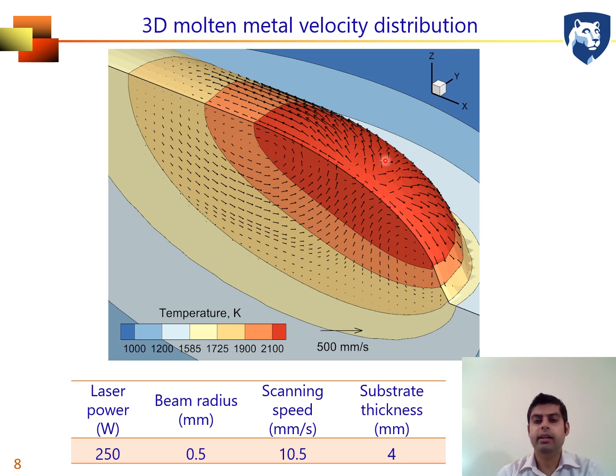Generally, the molten metal flow is from the high temperature region to the low temperature region. That means from the center of the molten pool to the periphery of the molten pool along the 3D curved surface of the deposit.